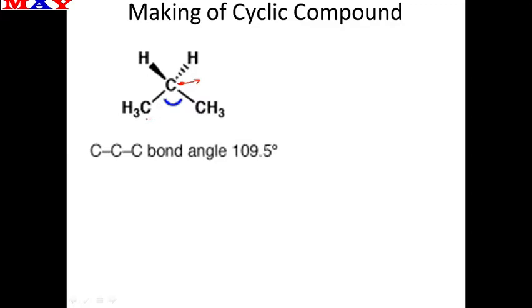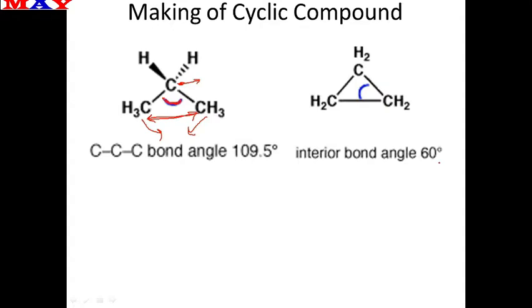When we want to make a ring and join these 2 carbons to make cyclopropane, then basically we have to bring these 2 methyls close to each other so that they can have a bond formation between them. But when we are bringing these methyls close together, this bond angle is supposed to change. So here we realize that the bond angle is supposed to be changed in order to make a ring structure.